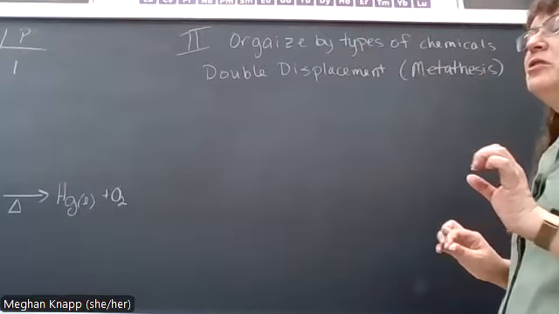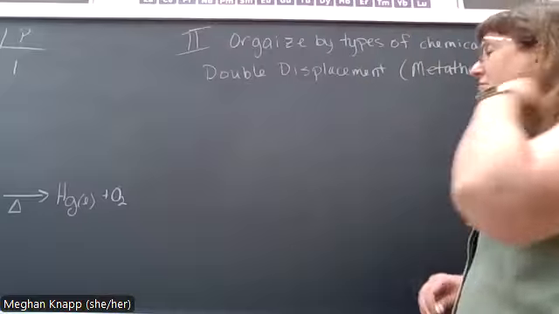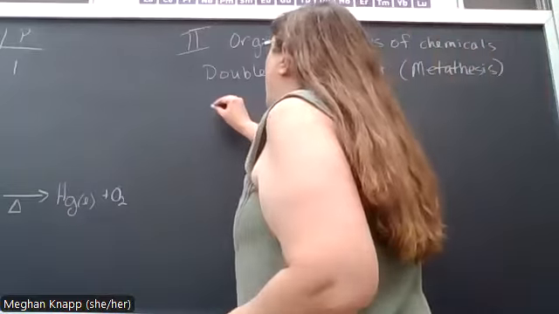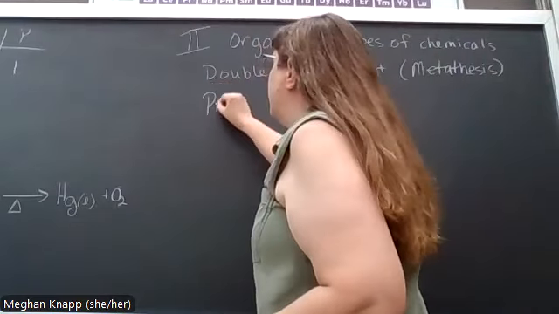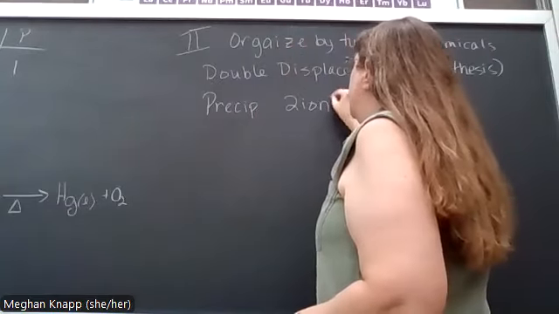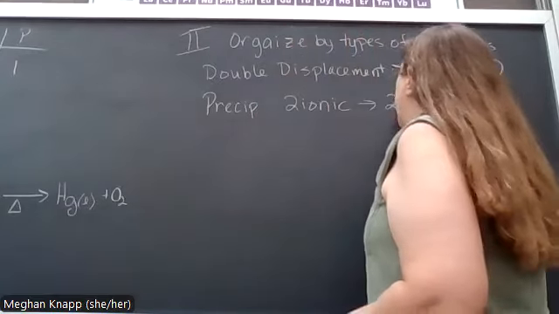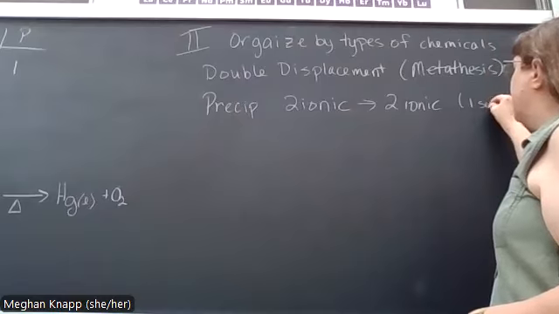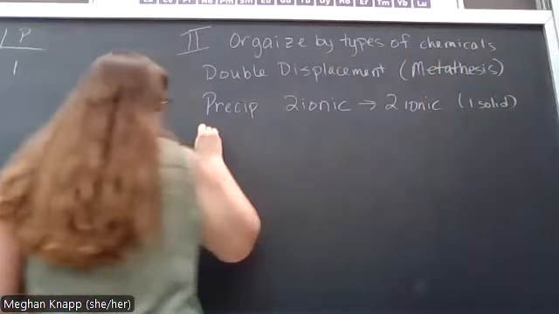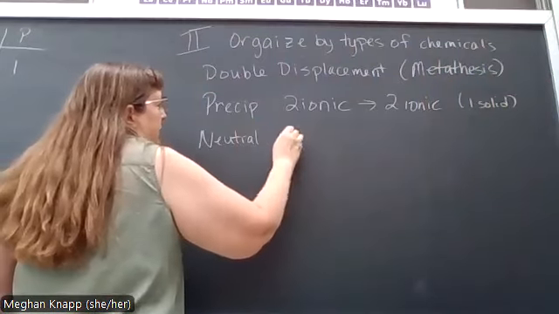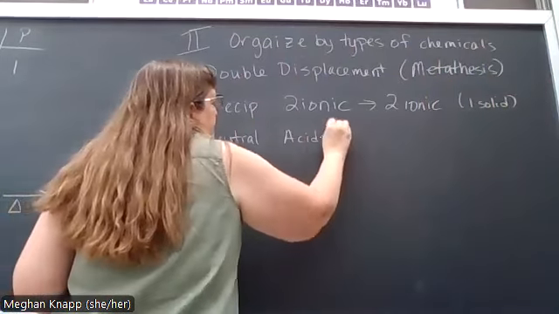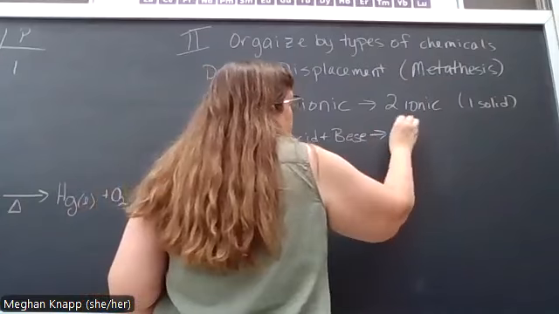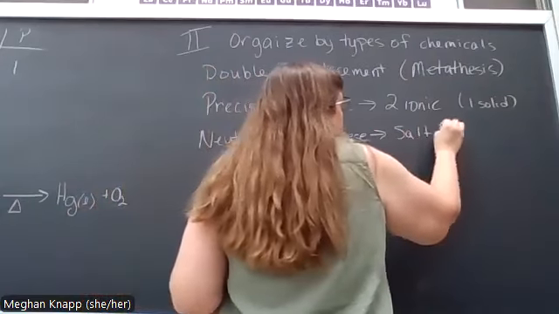But sometimes when people organize these, they just go ahead and do it over there. So the precipitation is 2 ionic goes to 2 ionic, 1 solid. And the neutralization is acid plus base goes to salt plus water.